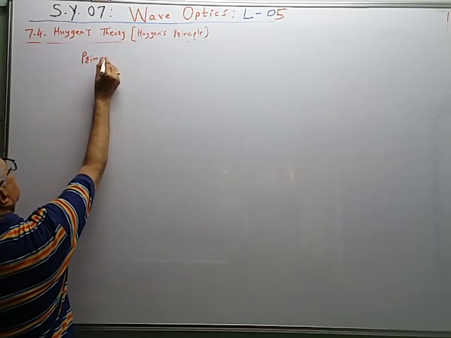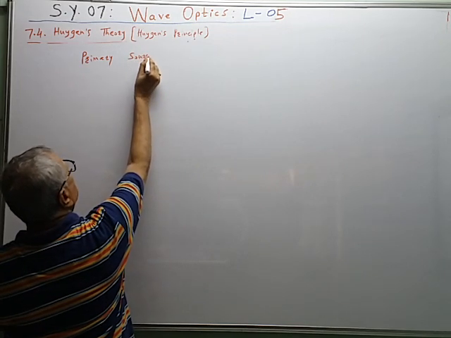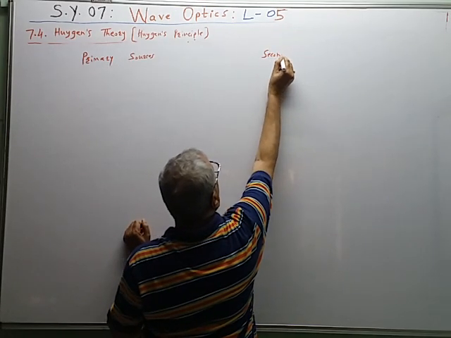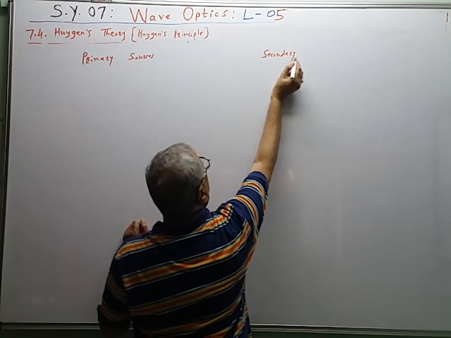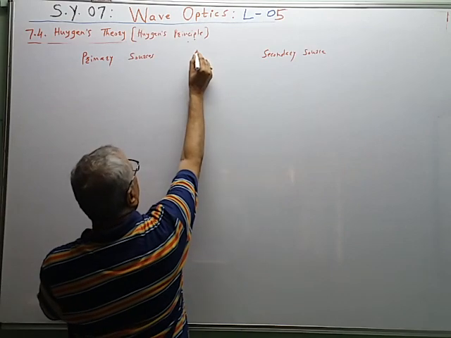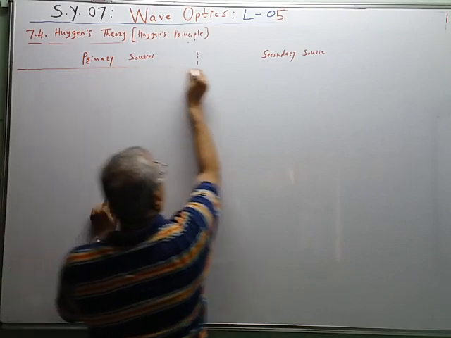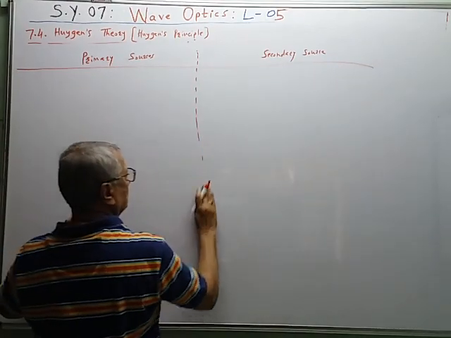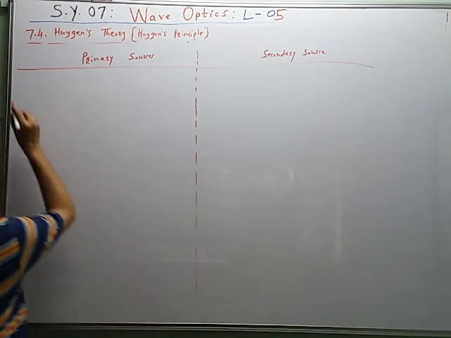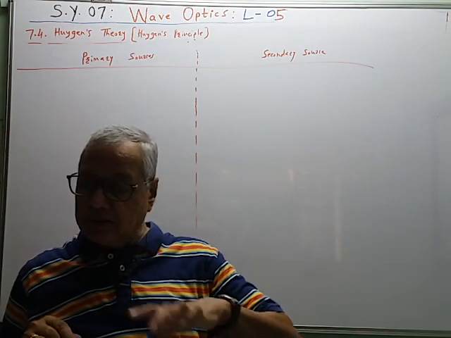Primary sources of light. Secondary sources of light. In Huygen principle we require this concept. So the first point is the definition.